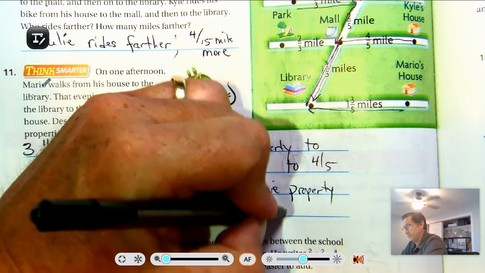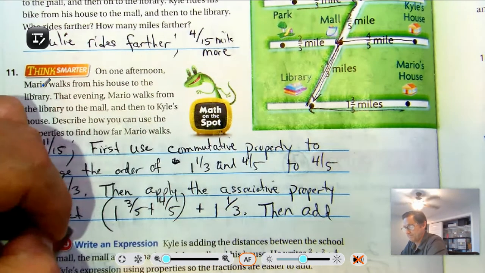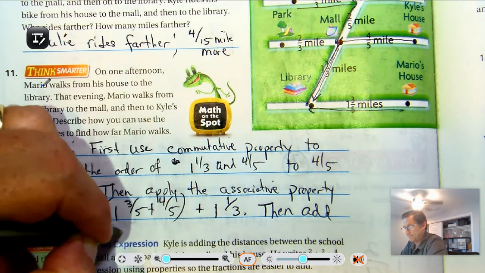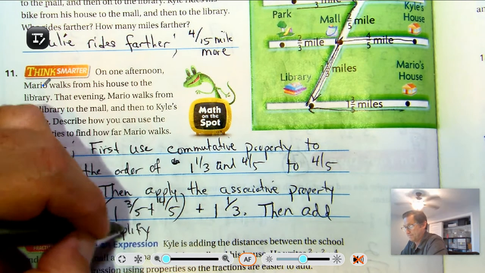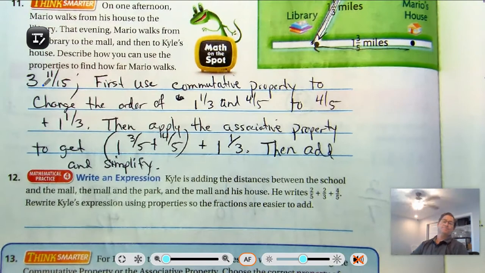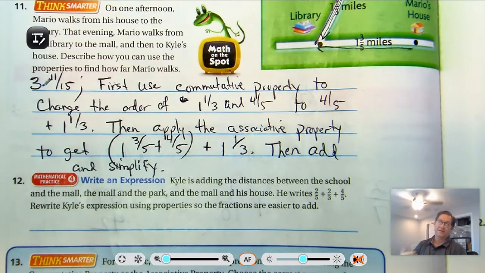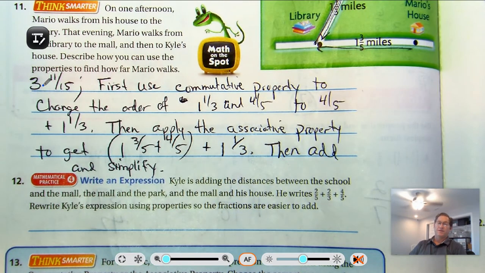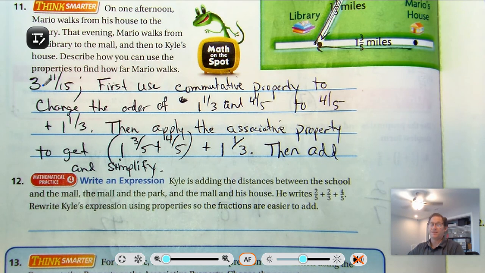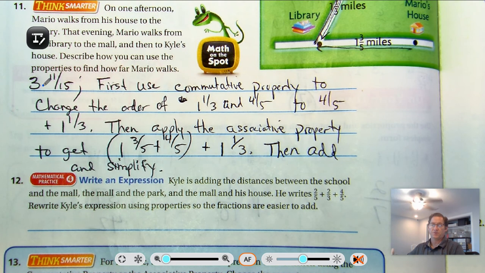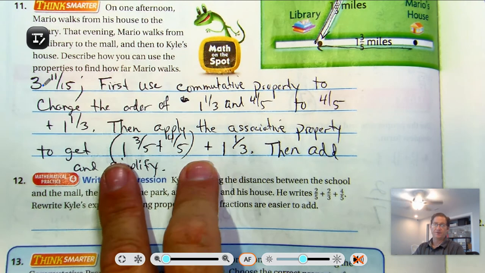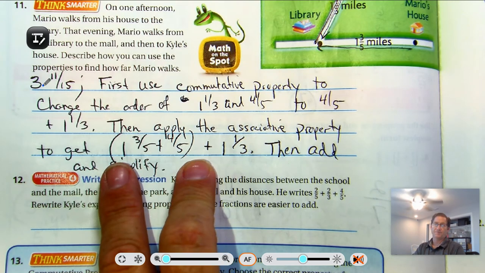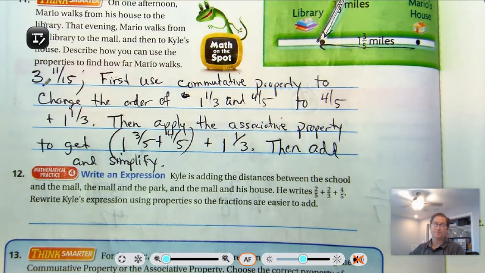Then add and simplify. All right, so again, first thing I did was use the commutative property because I wanted to change the order of the 1 1/3 and the 4/5, so that I had 4/5 plus 1 1/3. Then the associative property so that I could group the fifths together and then add the 1/3.